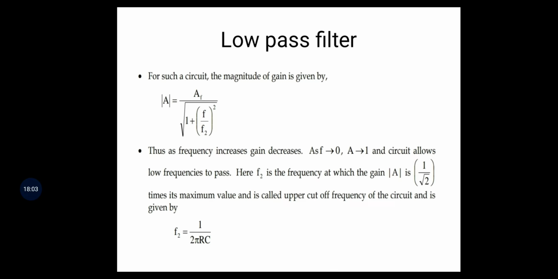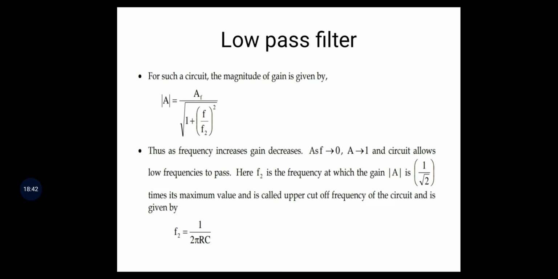Thus as frequency increases, gain decreases. From the equation, A is the closed loop gain. As frequency tends to 0, the gain tends to A, and the circuit allows low frequencies to pass.